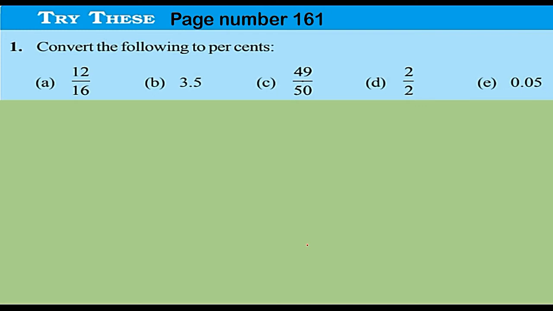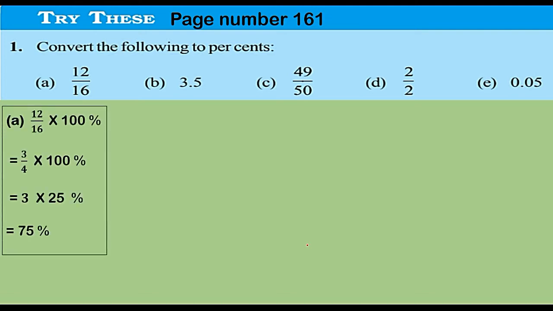Convert the following to percents. Here first one is 12 upon 16. Now just remember, percent is finding something with the denominator 100. What we will do? Simply multiply 12 upon 16 by 100.